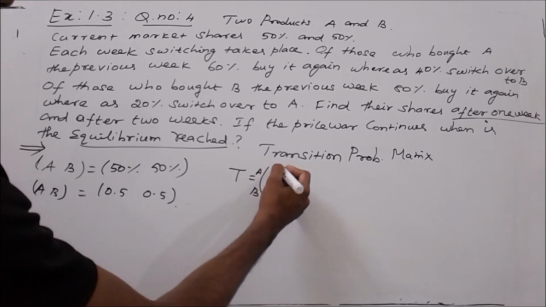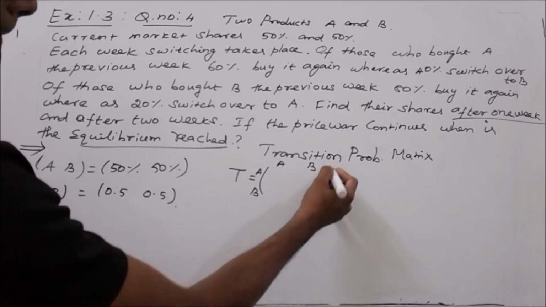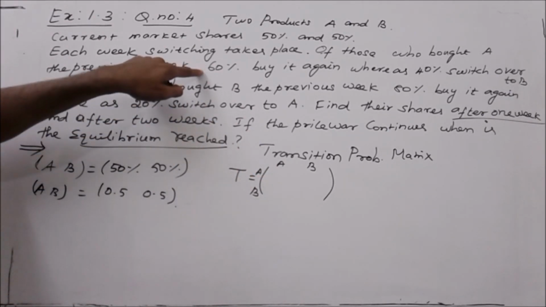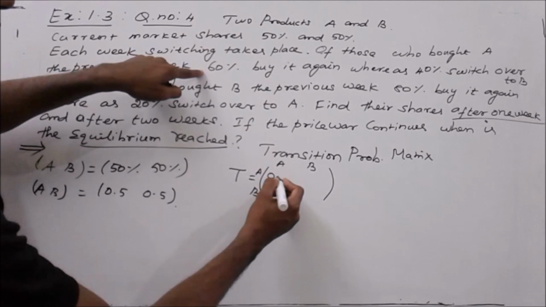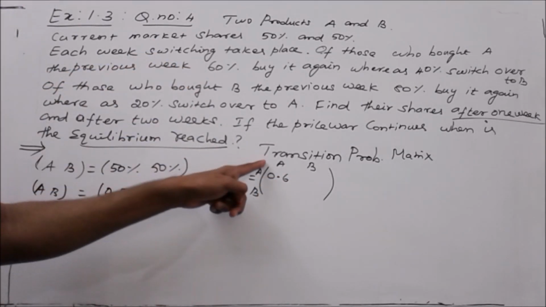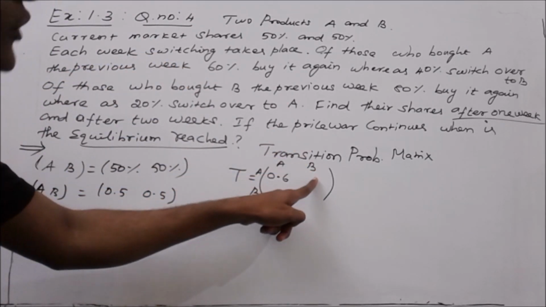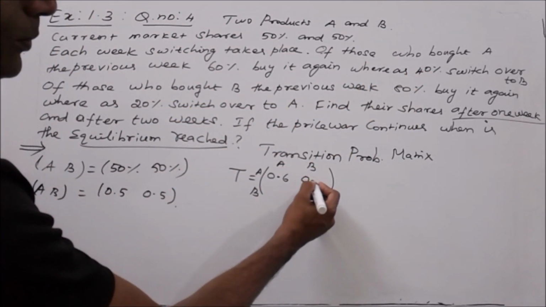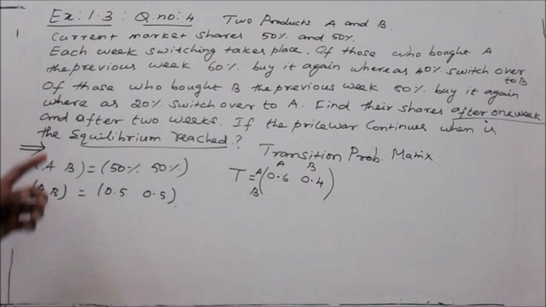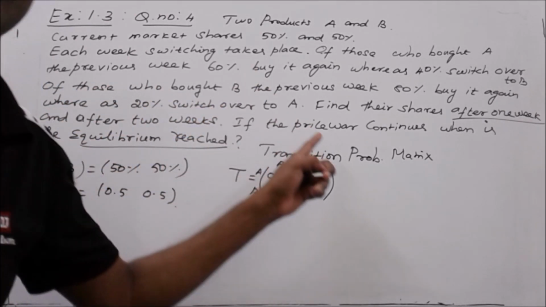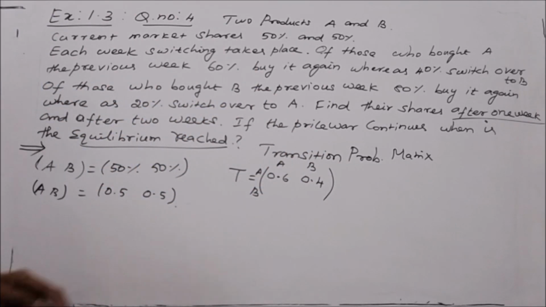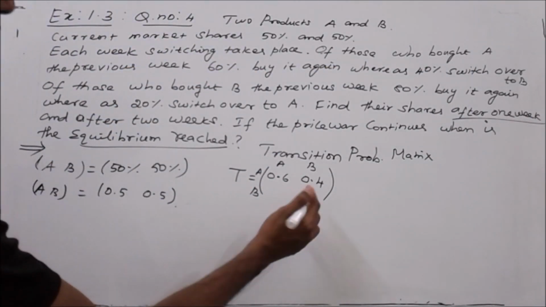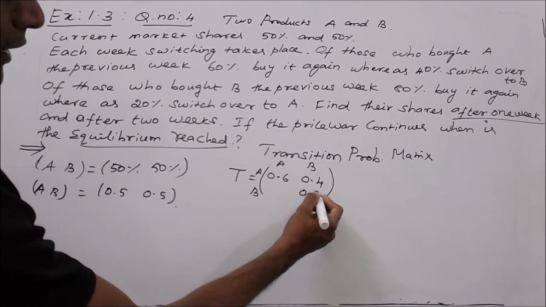AB, and here also AB. In A, again buying 60% of the people, so 0.6. Now from A to B, that is switching from A to B, is 40% given, so 0.4. And then of those who bought B the previous week, 80% buy it again, so this is 0.8.